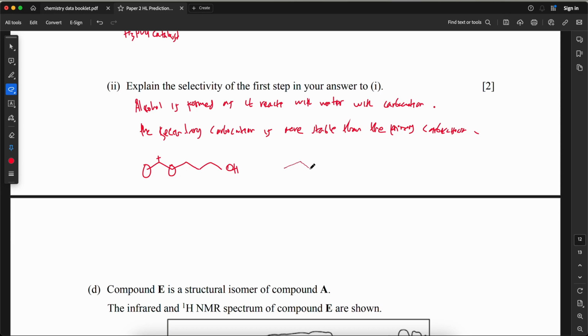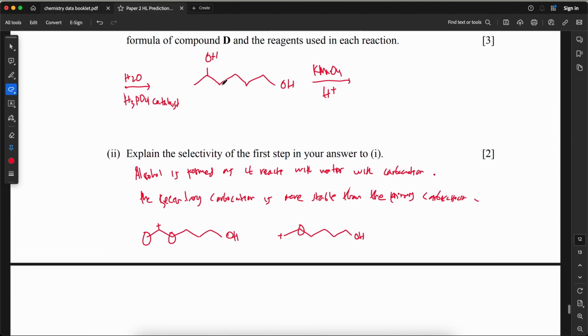For the primary carbocation, that would be right here, attached to one alkyl only. That's why the secondary carbocation is more stable, and it will produce 2-butanol, on the second carbon compared to the first carbon, because the secondary carbocation is more stable compared to the primary carbocation.